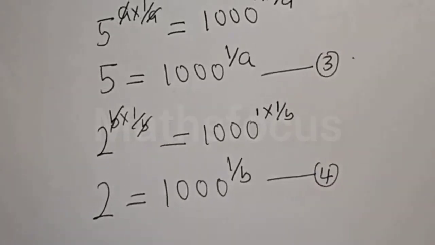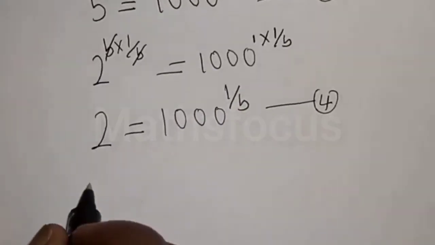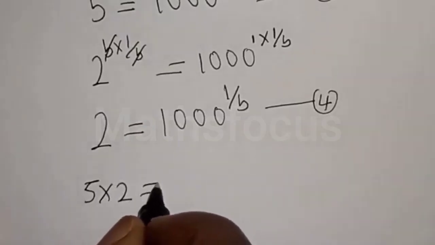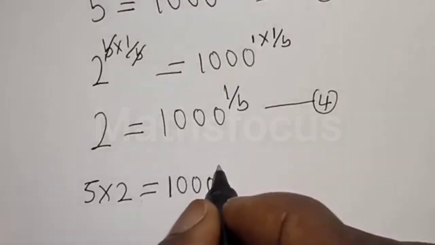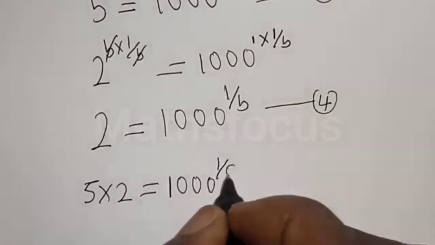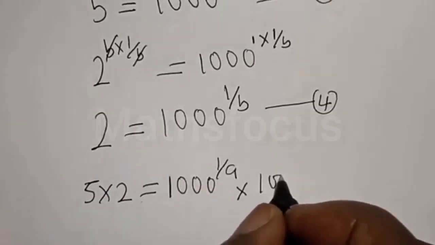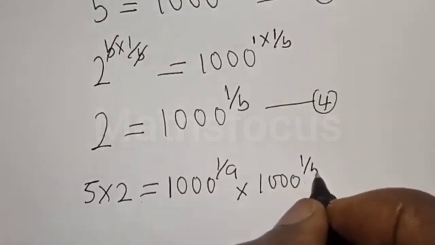What do we do next? Let's multiply equations 3 and 4 together. Then we have 5 multiplied by 2 is equal to 1000 raised to power 1 over a multiplied by 1000 raised to power 1 over b.